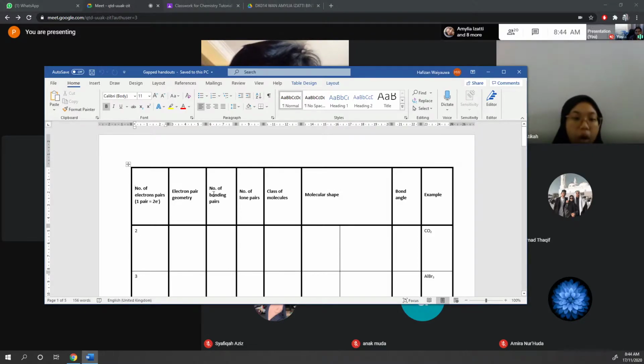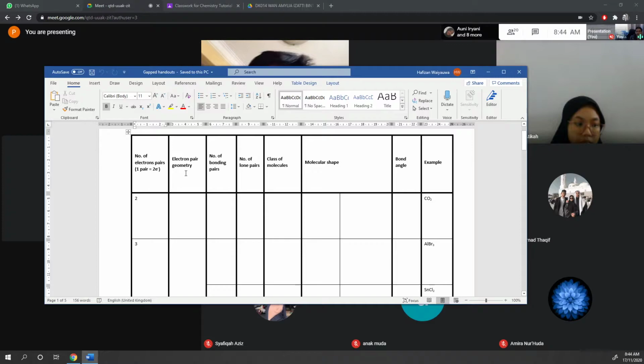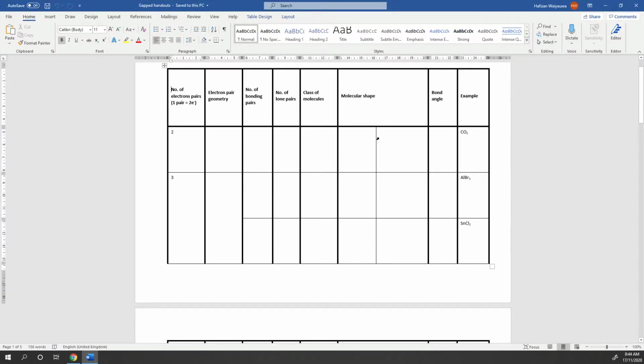So, number of bonding pairs, number of lone pairs, semua tu, mereka shape tu, tinggal dulu. Dan tu kita buat sekali nanti. So, the first thing yang I nak you guys buat is the electron pair geometry. Nama dia. So, kalau dia ada 2 pairs, maksudnya dia bentuk apa? Okay, boleh tak? Boleh. So, kita 8:55 kita start balik. Boleh?